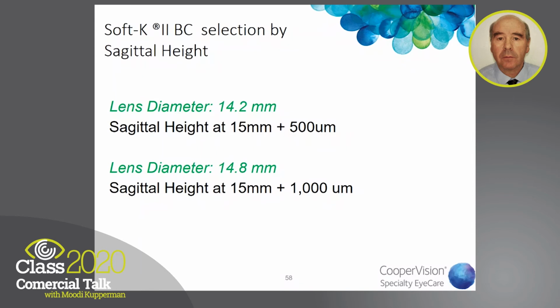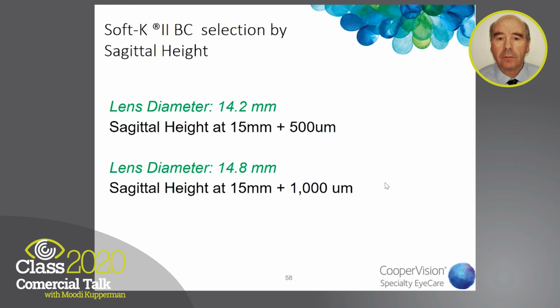So if we are talking about 14.2, we take the SAG height at 15 millimeter and add 500 microns. If we are talking about 14.8, we also take the sagittal height at 15 millimeter and add to this 1000. Of course, this is only theoretical, this is only to get to the first choice lens. Of course, we put the lens on the eye.